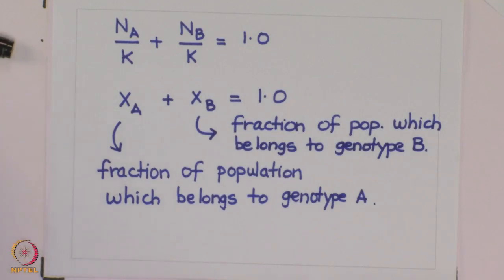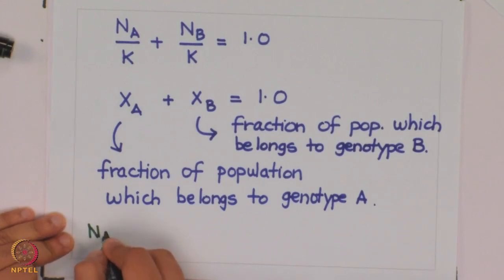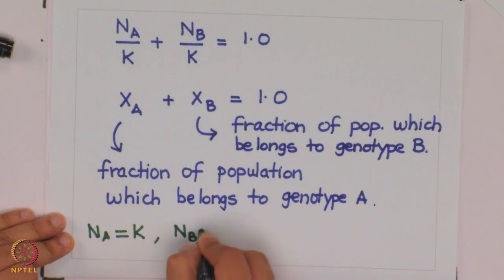Imagine that we are operating at a scenario where Na is equal to K and Nb is equal to 0, which has to be true because we know that at any instant of time Na plus Nb is equal to K for the system.